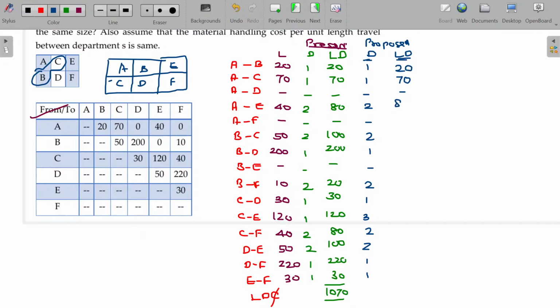Dash, 80, dash, 100, 200, dash, here 20, here 30, here 360, here 80, 100, 220 and 30. Come on, get me the total now.